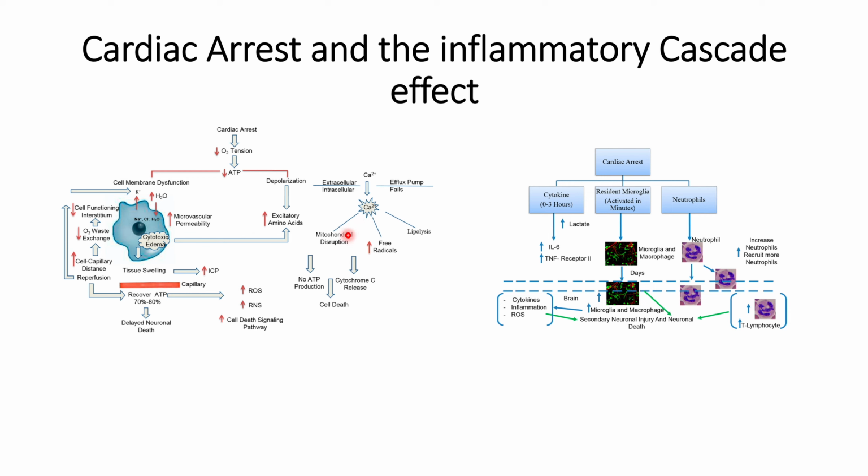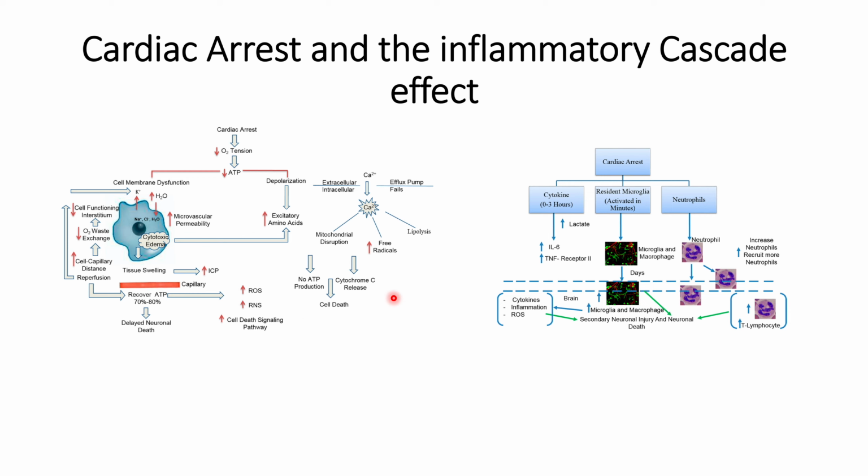At the same time, it will also cause ER stress, because the endoplasmic reticulum is also responsible for maintaining calcium homeostasis with the help of the SERCA pathway. And this mitochondrial disruption will lead to no production of ATP, as the mitochondria is known as the powerhouse of the cells, and its dysfunction will lead to an energy deficient condition for the cells.